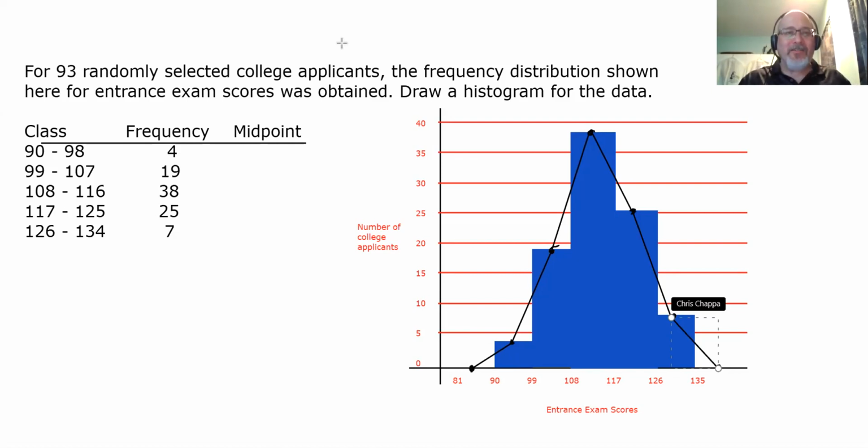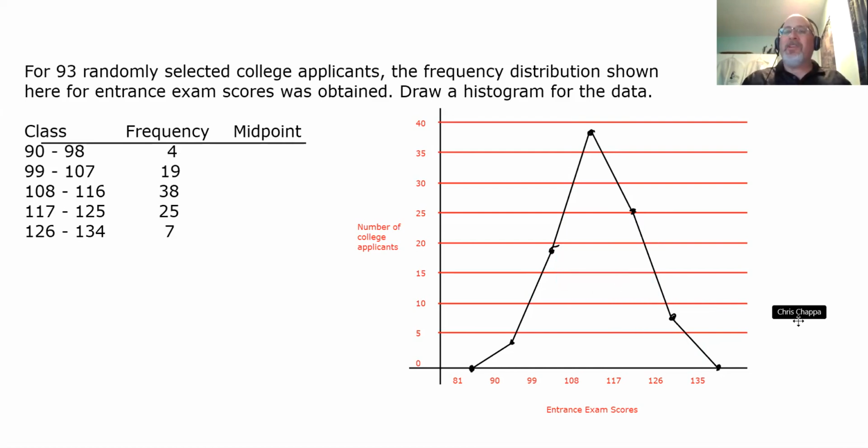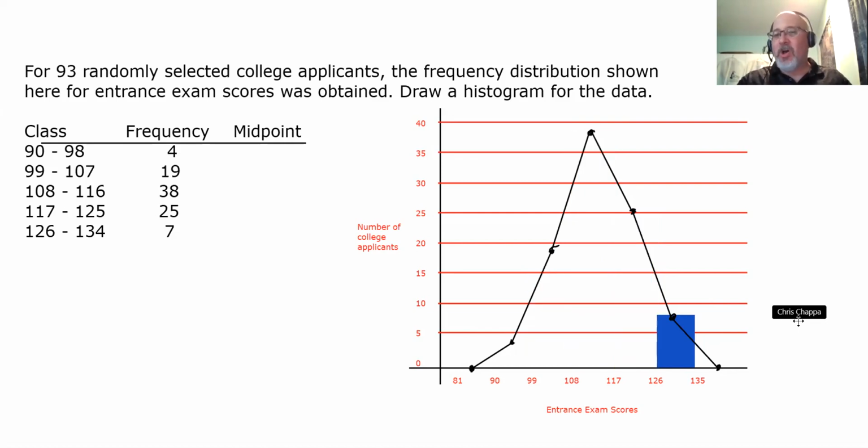Our polygon is literally the histogram's midpoints connected. And there's our polygon. There's nothing wrong with leaving the polygon superimposed on top of a histogram, but technically a polygon exists on its own.